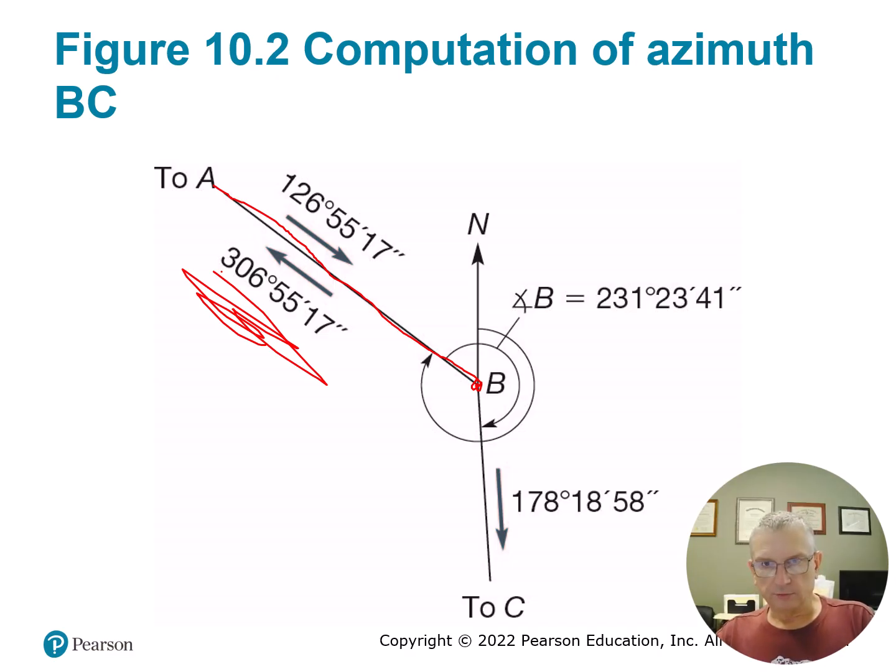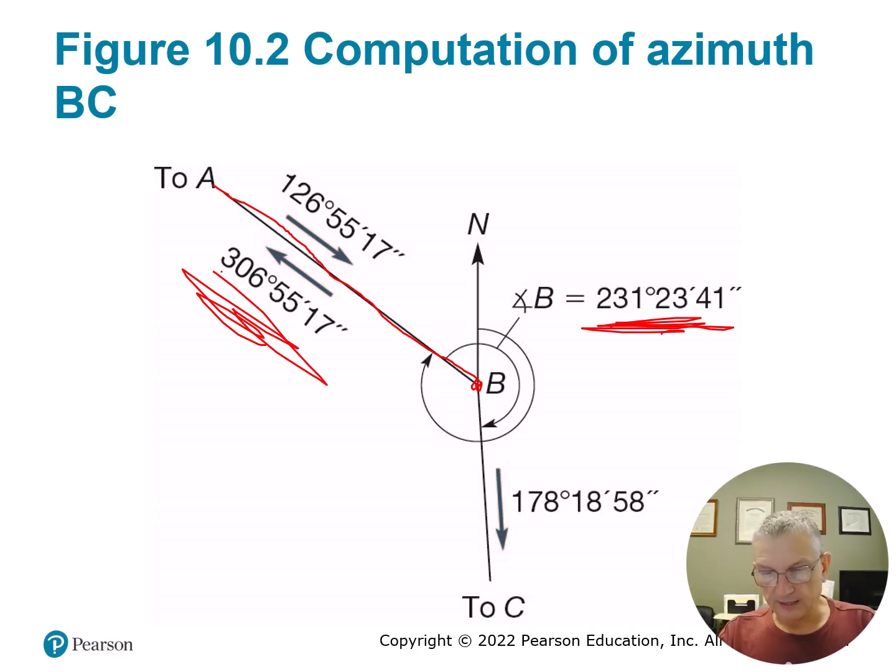At B, the angle turned is 231, 23, 41. So your azimuth is 306, 55, 17. Convert that to decimal degrees. Add that to your angle, 231, 23, 41. That's your angle observed.